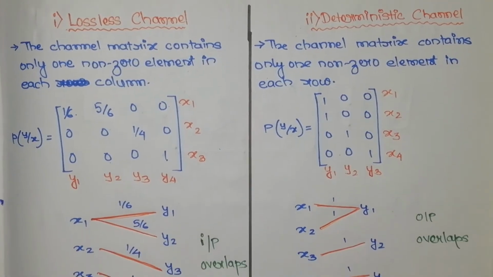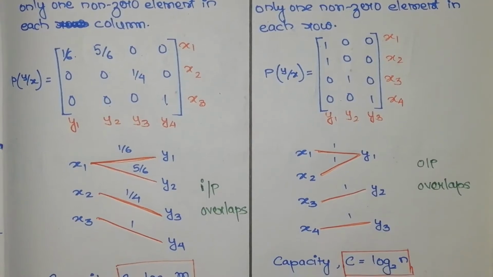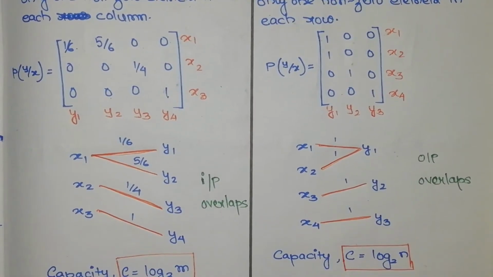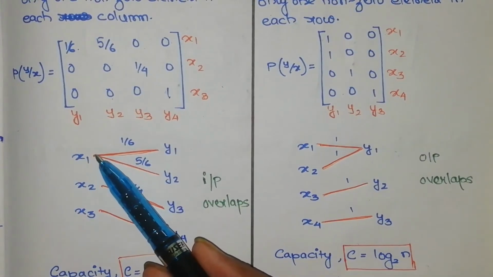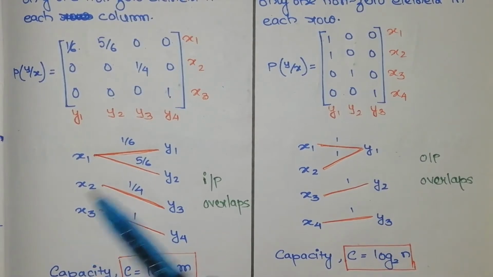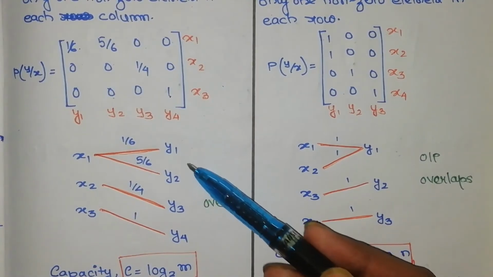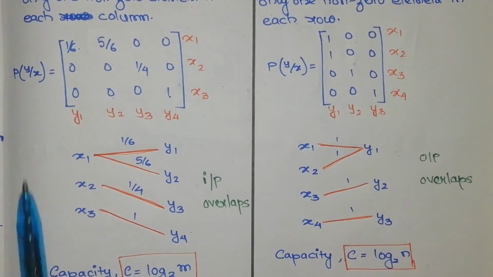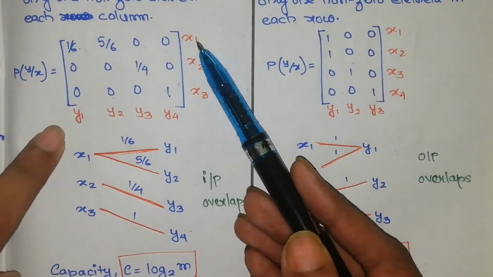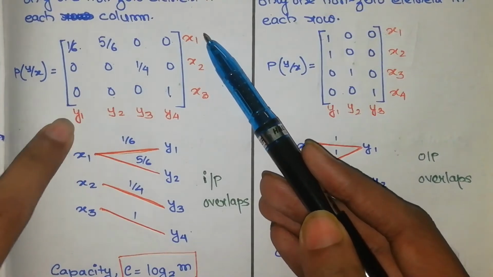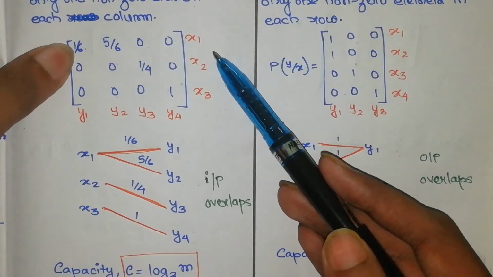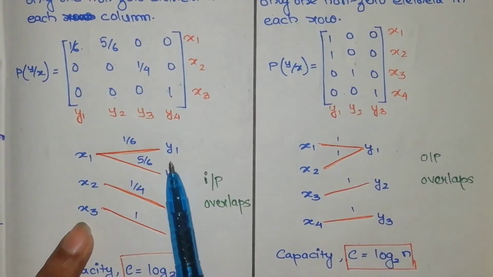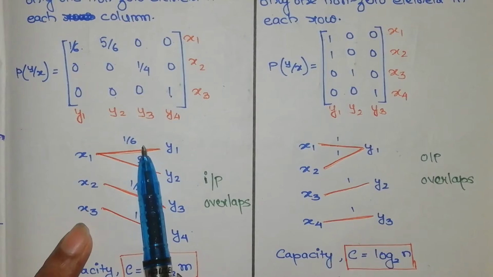So we can make a mapping of the inputs and outputs, that is x and y. So we will write the inlets as x1, x2, x3 and near them y1, y2, y3 and y4. Now in the matrix we can see that x1 and y1 are connected by a straight line with a weight of 1/6.